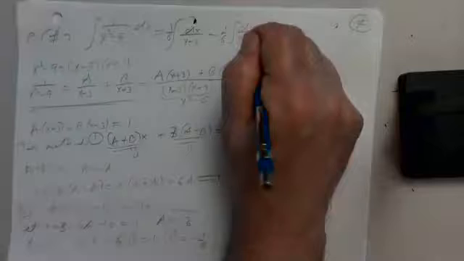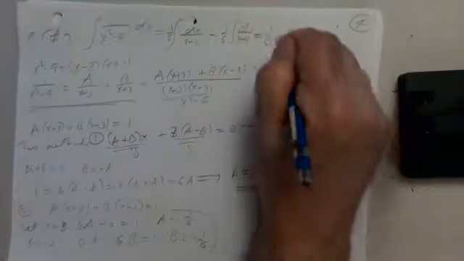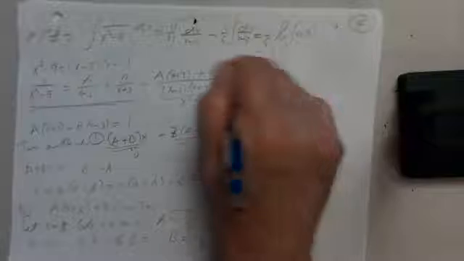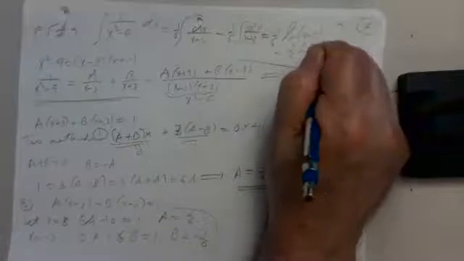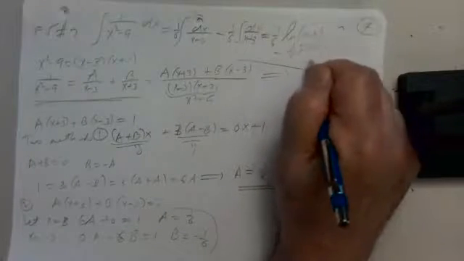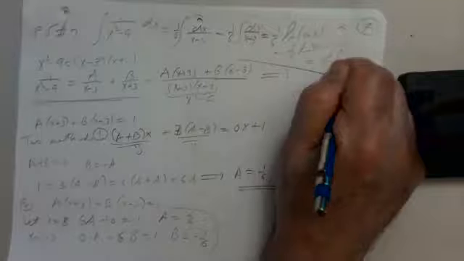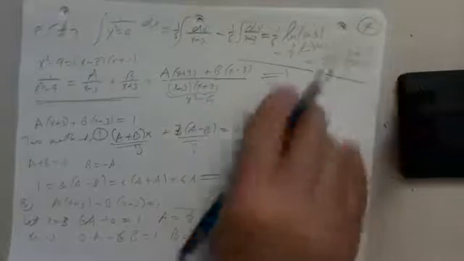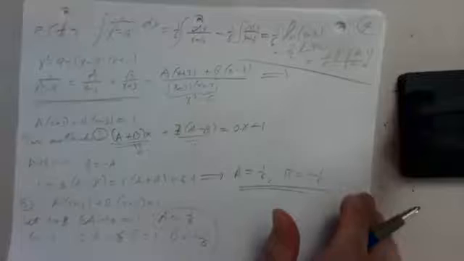This is 1/6 the log of x minus 3 minus 1/6 the log of x plus 3. And if we want, we could write this as just the log of the quotient, x minus 3 over x plus 3. But this form is correct and this form is correct.